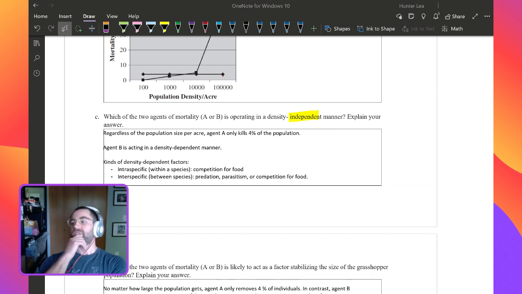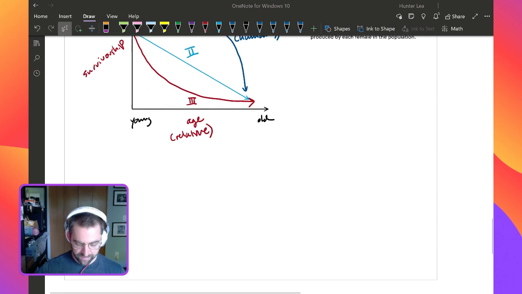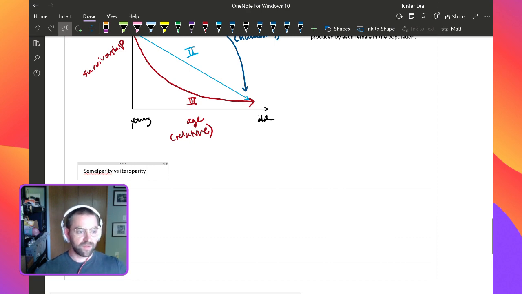Yeah. So here's a topic that is probably going to be on your exam if I remember correctly. And it's this idea of trade-offs between semelparity and iteroparity. Let me go ahead and write those down. All right.